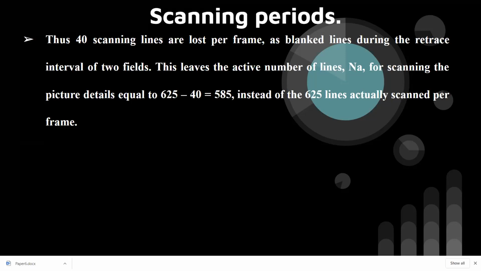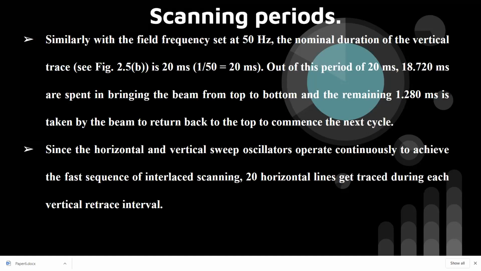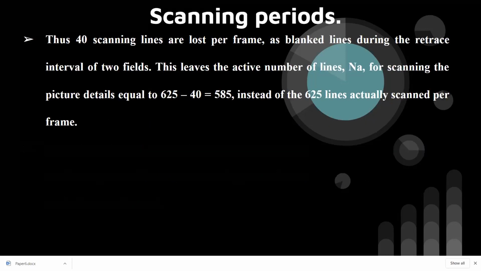Out of 20 milliseconds, 18.720 is occupied for top to bottom and 1.280 is occupied for vertical retrace. Therefore, 40 scan lines are lost per frame, but these blanking lines occur during the long retrace interval of these two fields.